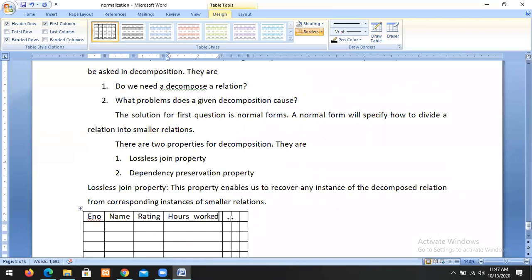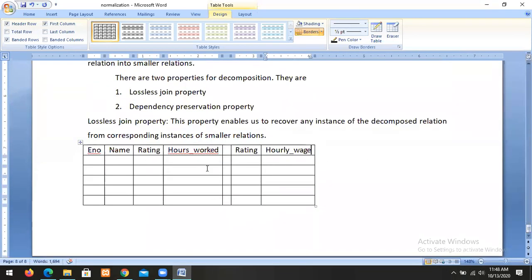This is one. Again, we have the rating. Suppose these are two relations. This is the first relation, this is another relation.